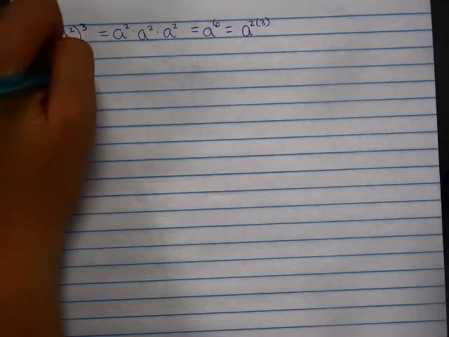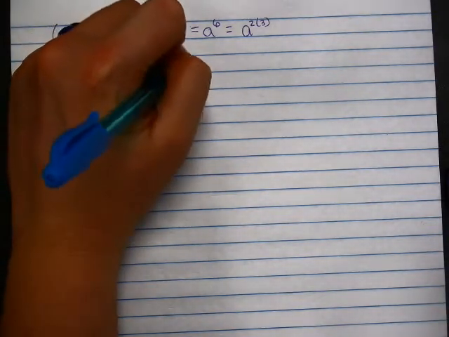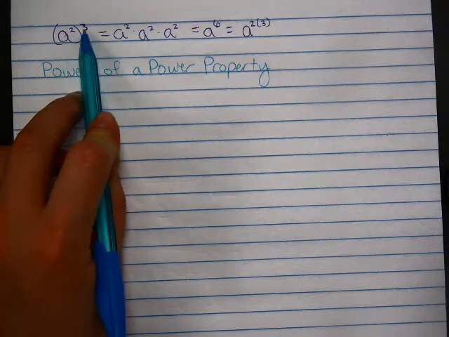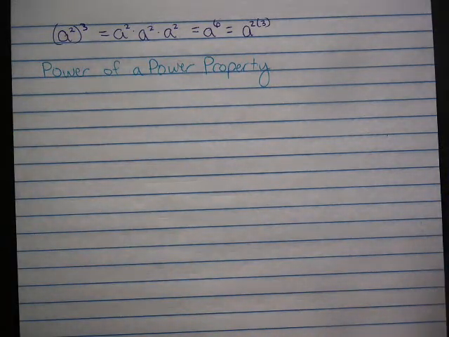So this is called the power of a power property. So we have the power of the power.